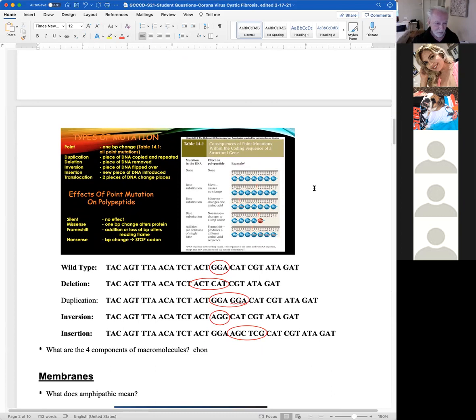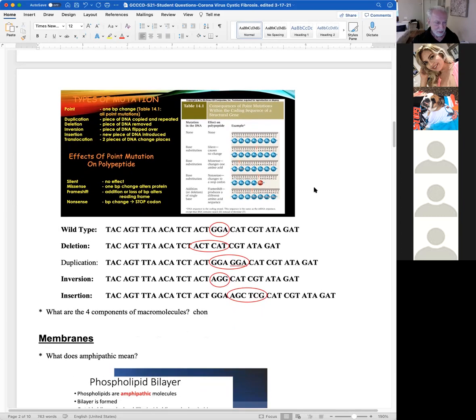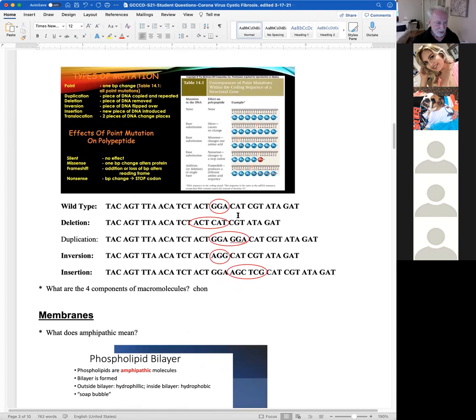Now, to help you visualize this, I've illustrated each type compared to wild type. So this is the wild type sequence that I took from the recent quiz that you had. And I've got 4 different types of mutation, each of which I've illustrated.